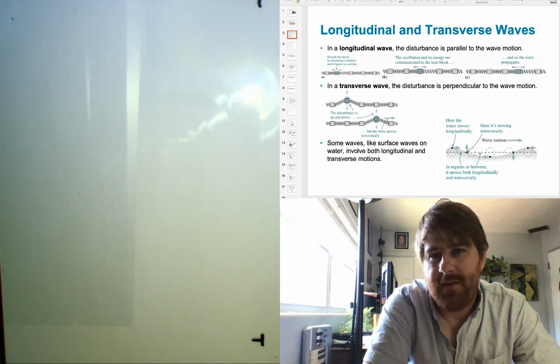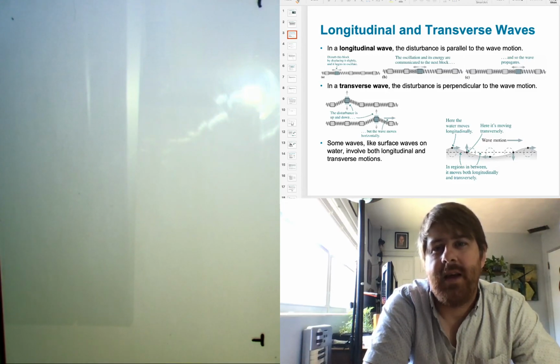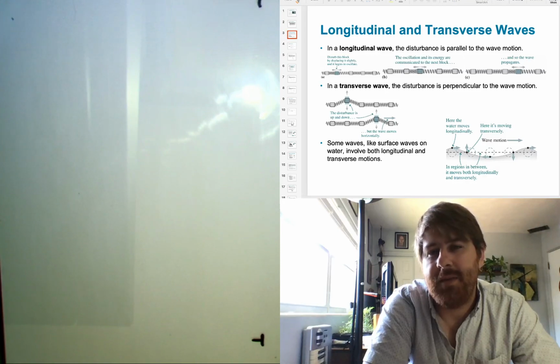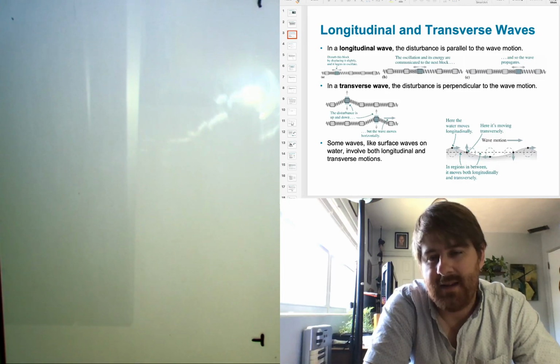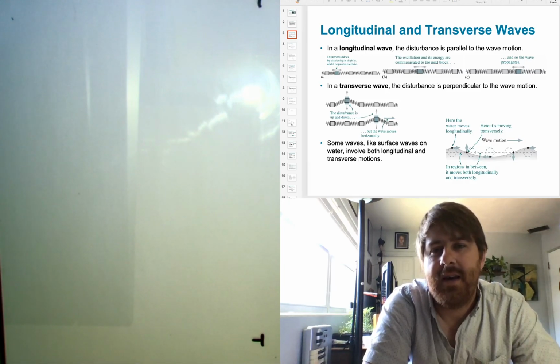Another type of wave is a transverse wave, and this is where the medium or the material moves in a direction which is perpendicular to the direction the energy propagates. Okay, examples of this would be light, electromagnetic radiation, and waves on a guitar string or a piano string.